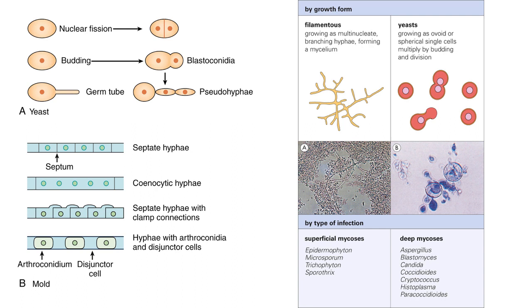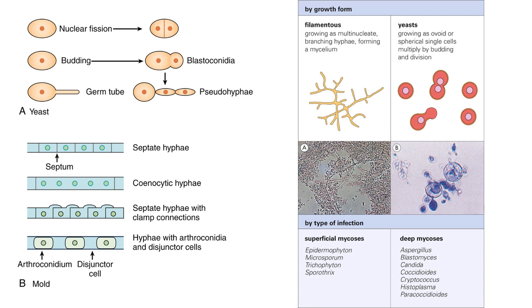Okay, so structurally, the fungi that we deal with, the medically important ones, can be a yeast or a mold. A yeast is unicellular and a mold is multicellular. The image on your left tells you of the morphology of the yeasts and the molds. On the yeast portion, you can see how they divide.